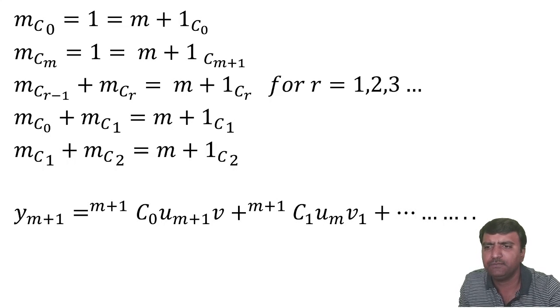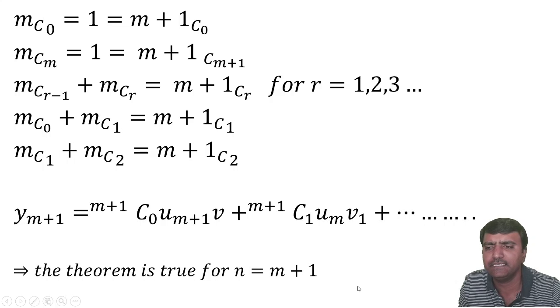Okay, so with the same formulas, finally we arrive at y_(m+1) is equal to (m+1)C0 u_(m+1) v plus (m+1)C1 u_m v1 plus and so on. That series continues like that. So the next third term on the right hand side is (m+1)C2 u_(m-1) v2, like that.